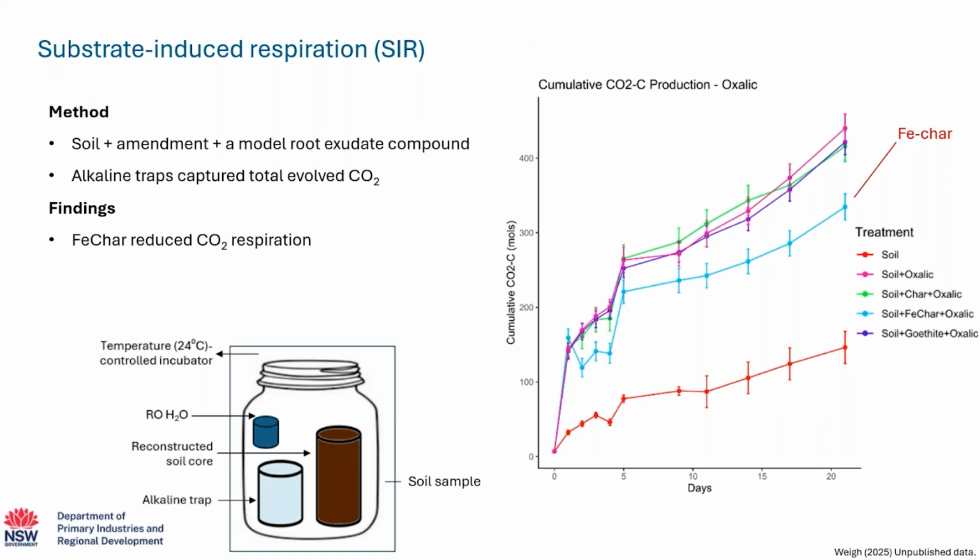In this cumulative respiration plot, the iron-enriched biochar treatment emitted less CO2 than other treatments, indicating greatest carbon stabilization. Isotopic tracing of oxalic acid using the 13C label then allowed partitioning of respiration into native and added carbon sources, as well as the quantification of new carbon in MaOC and POC.